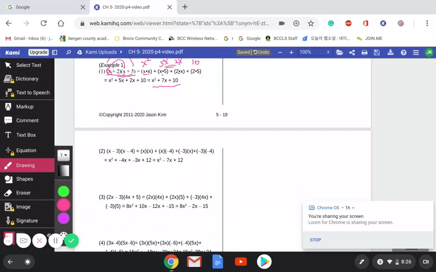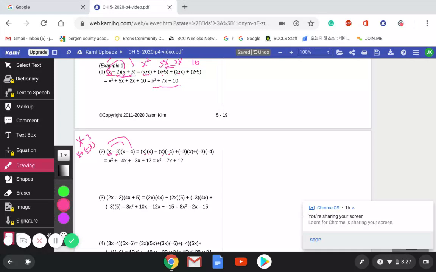Now again, x minus 1 times x minus 4. So you get x with x, x with a negative 4, because you are distributing with the x's. Now negative 3, because I made the x minus 3 as x plus negative 3.